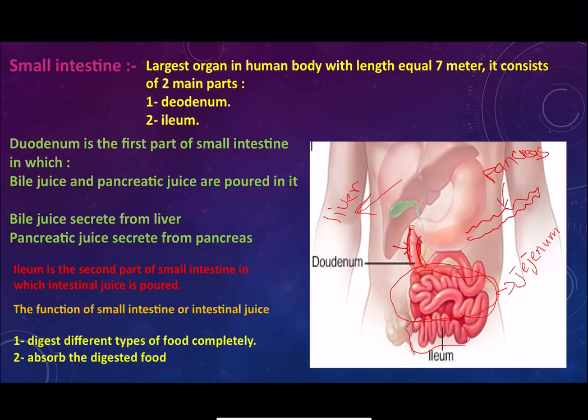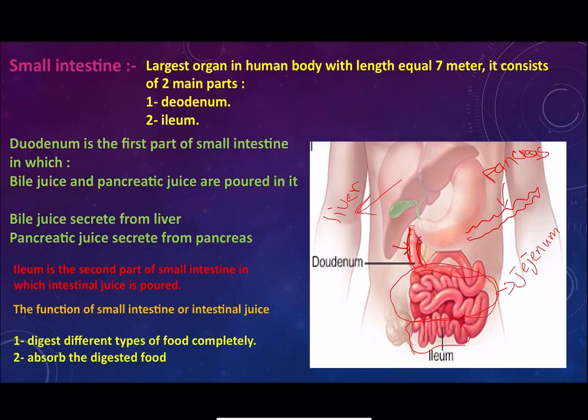So, if I swallow a piece of bread without grinding it into small or very small pieces, it's not digested completely. It will go to the stomach and then the small intestine. Inside the ileum, these small parts of bread that weren't digested completely will be digested completely by the intestinal juice. Okay?